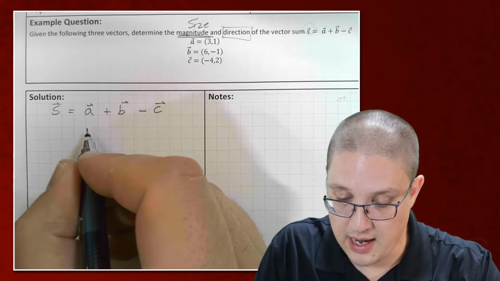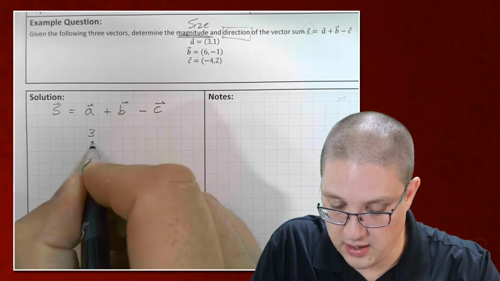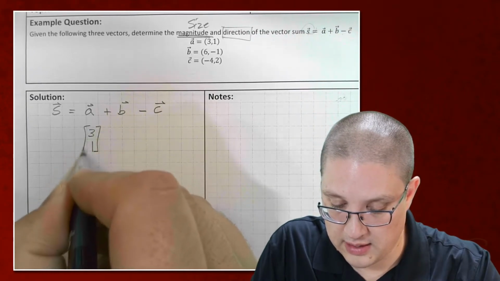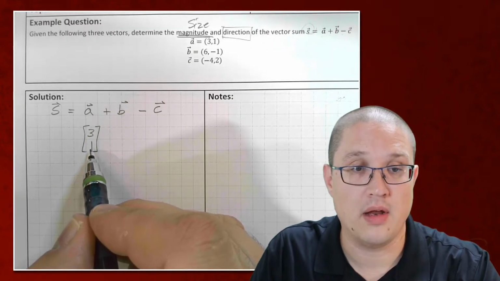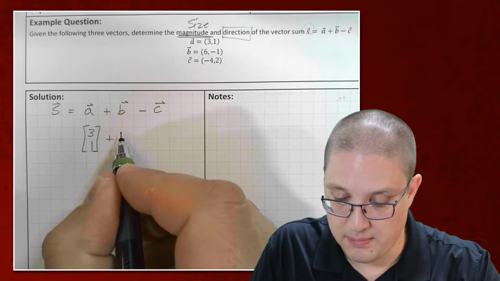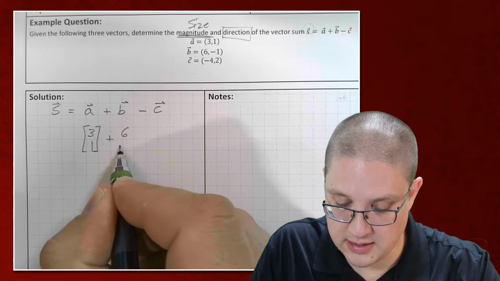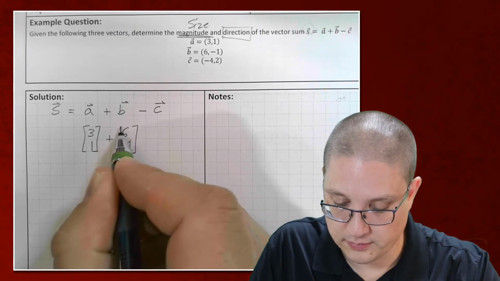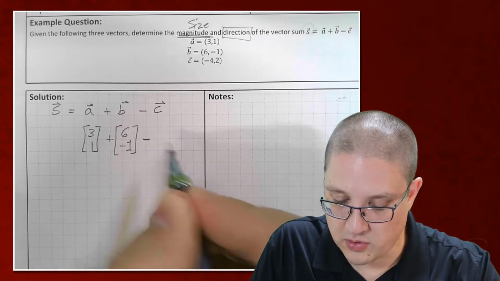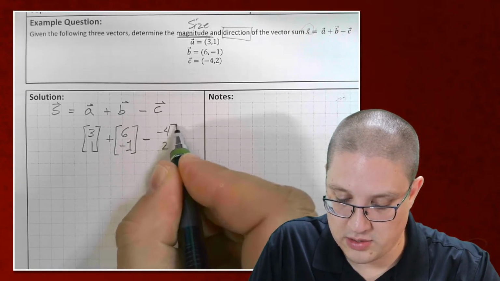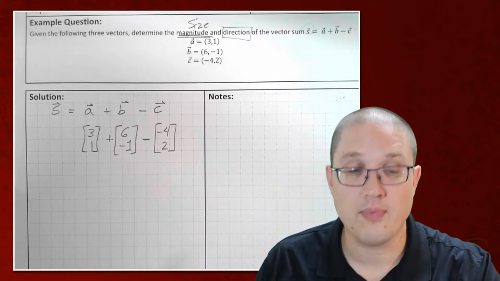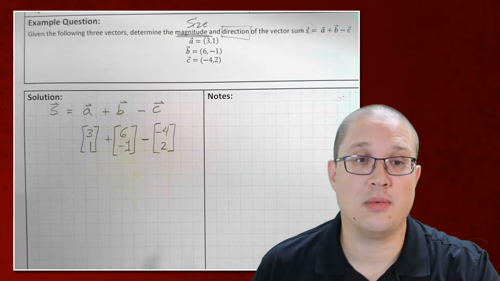So I can write A as 3, 1, like this. That gives me my component notation with x and then y. I'm adding in B here. B is 6 and minus 1. And I'm subtracting C, and C is negative 4 and 2. Like that. So this is the math problem I've got.